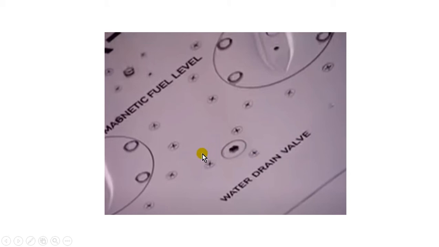Here, another water drain valve between the wings, on the left wing and right wing. Also, there were 2 drain valves on the sides of the center tank, left and right. This is the manhole, and this is the manhole. Okay?